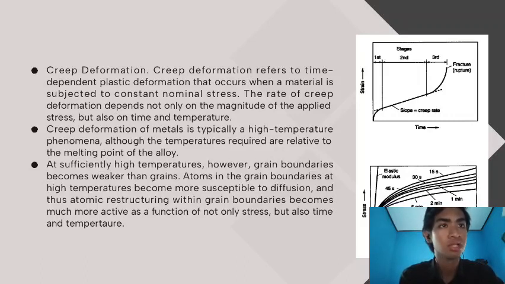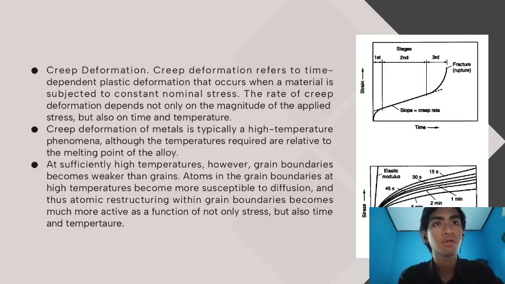Most creep testing is done under tension and at elevated temperature. The initial rate of creep strain upon loading is fairly rapid, but decreases with time. This is called primary creep, or stage 1. The creep rate then reaches a steady state, which is called secondary creep. In third stage creep, or tertiary creep, the creep rate begins to increase again and continues to increase until the specimen breaks.